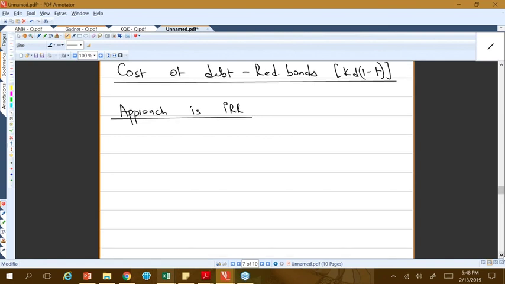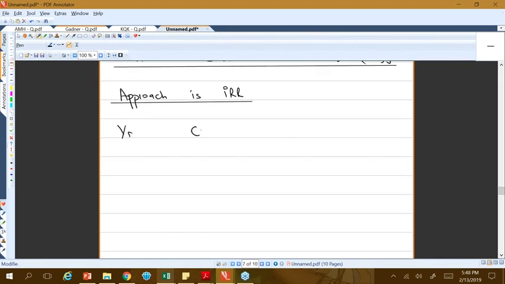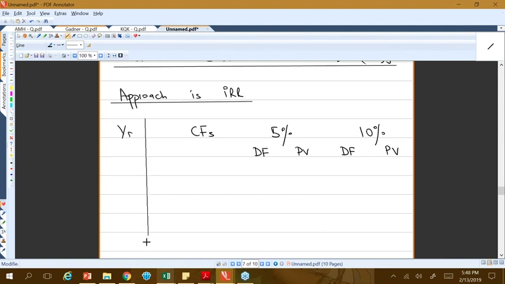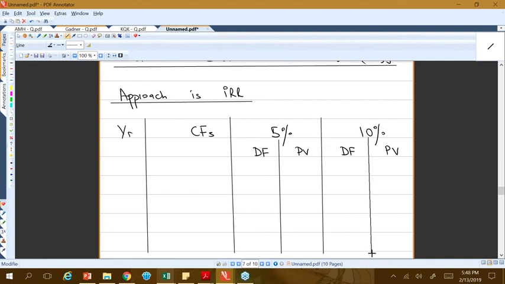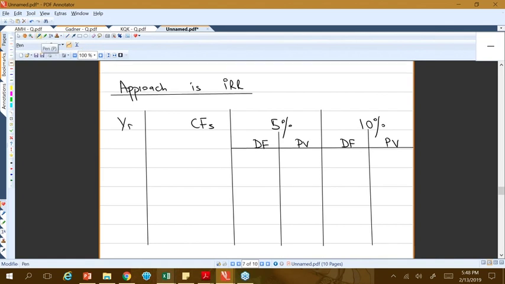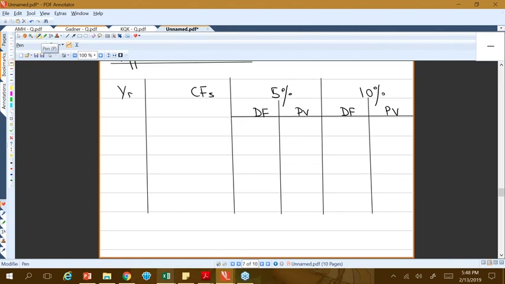There is a little structure that we will use. We'll take the year, cash flows, 5 and 10%, discount factor, present value, discount factor, present value. Remember in the IRR approach, we take 2 percentages and we find the present values of the cash flows at those 2 percentages. So I like to use 5 and 10%. It gives you the right answer each time. In the exam, you're free to use any 2 percentages really. It doesn't matter much, but just to keep a standard, I'll use 5 and 10%.